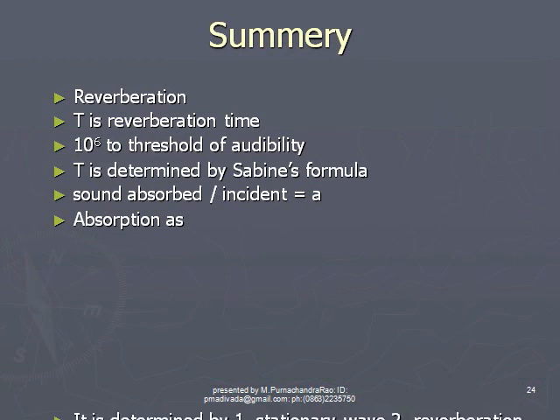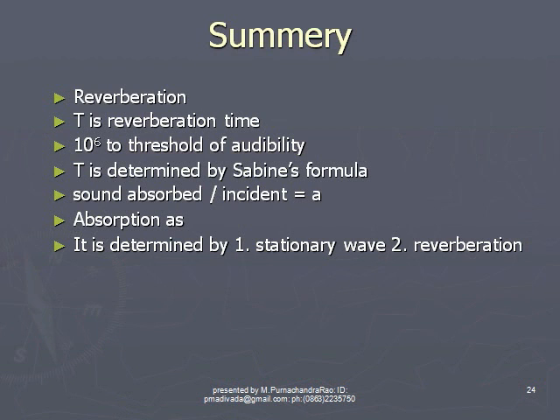So to study this nature, we use another constant known as absorption coefficient. It is defined as the amount of sound intensity absorbed to the amount of sound intensity incident on the surface. Like this we define an absorption coefficient. That absorption coefficient is determined by two methods. One is the stationary wave method, another one is the reverberation time method. Using these methods we determine the absorption coefficient, and the absorption coefficient times surface area is defined as absorption.